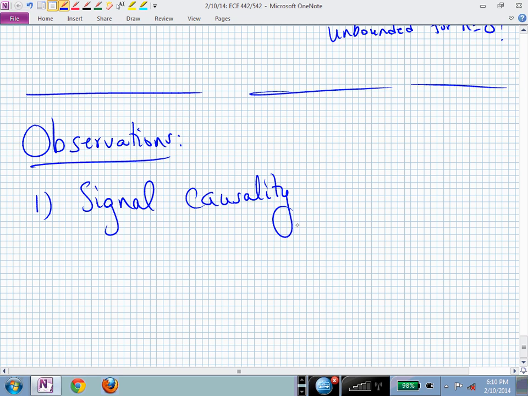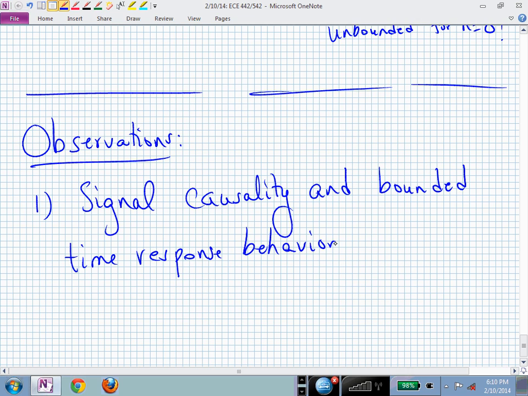Signal causality and bounded time response behavior are two separate characteristics.